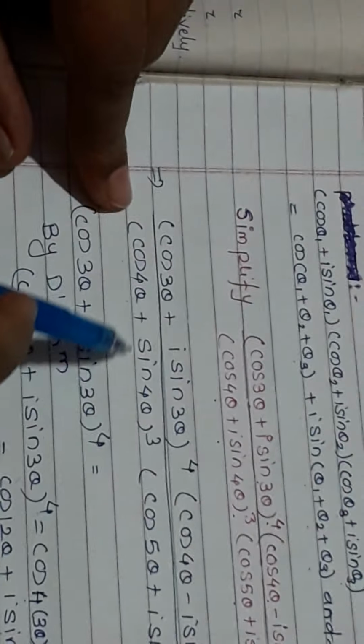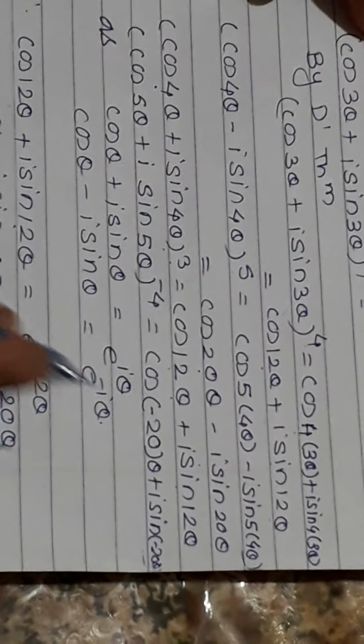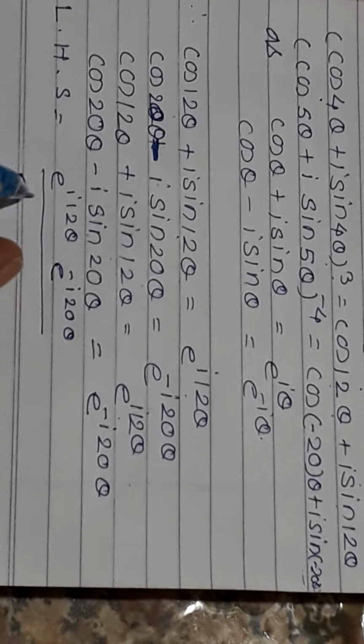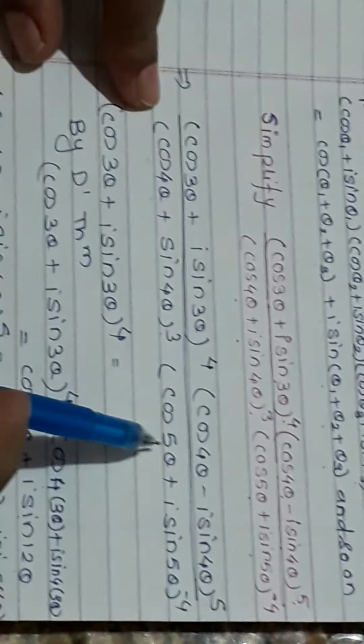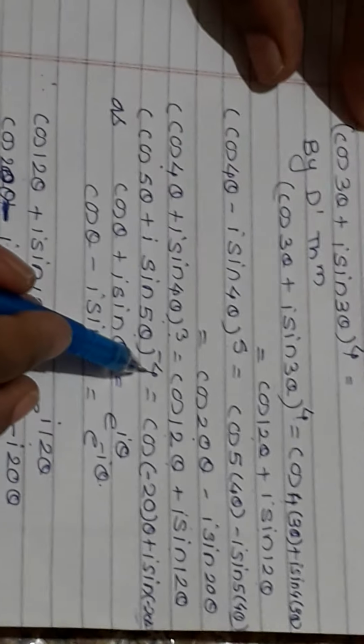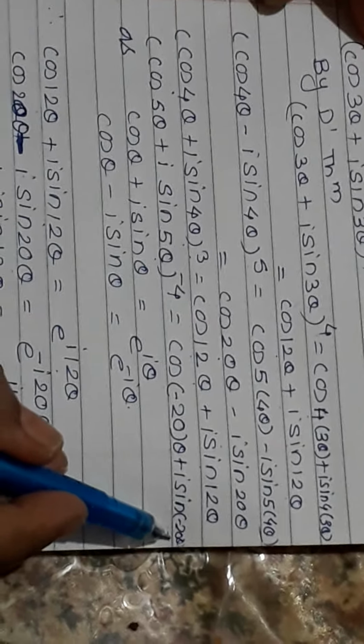Now we consider the terms of the denominator. Here cos 4 theta plus i sin 4 theta raised to 3 can be written as cos 12 theta plus i sin 12 theta, which is nothing but e raised to the power i 12 theta. In the second term, cos of 5 theta plus i sin 5 theta raised to minus 4 can be written as cos of minus 20 theta plus i sin minus 20 theta.